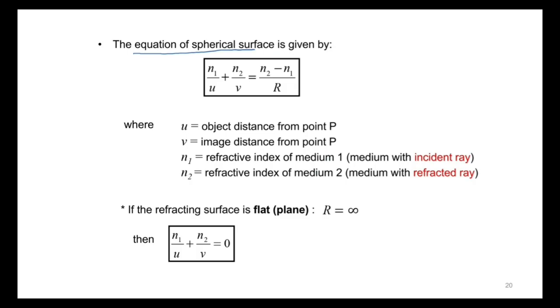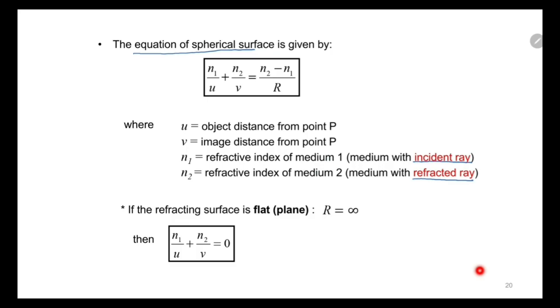To identify medium 1, it is the medium with the incident ray. n2 is the refractive index of medium 2, which is the medium with the refracted ray.